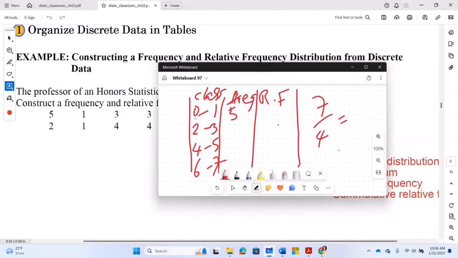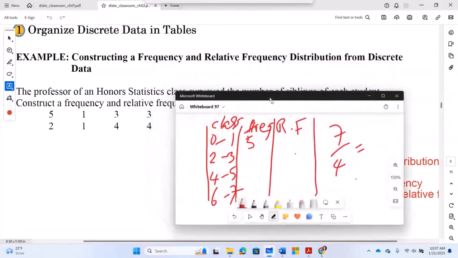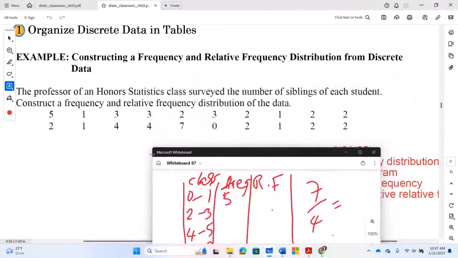Okay, the next one is to find all the numbers in the second class. That means all the numbers ranging from 2 to 3. All right, so let me do that. 1, 2, 3, 4, 5, 6, 7, 8, 9, 10, 11.